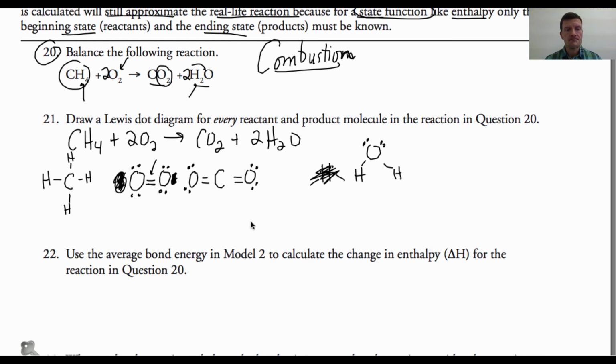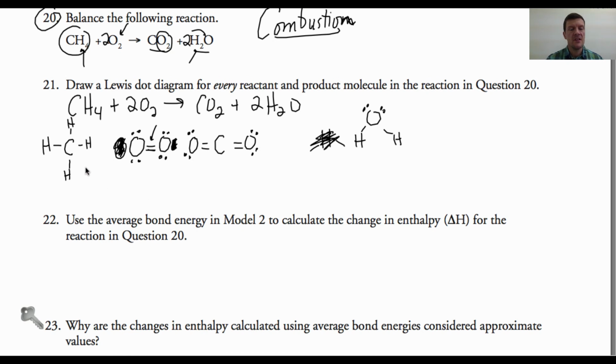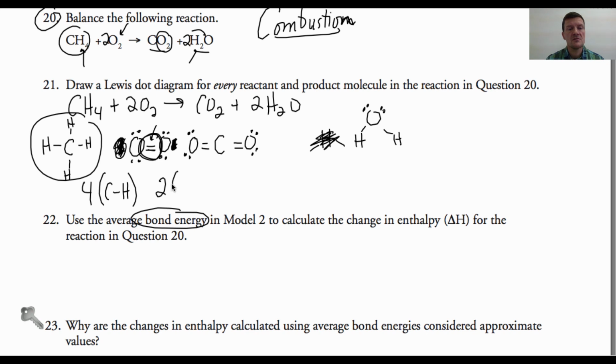Okay, so let's see what we have here. We're going to have to find the number of bonds in all this. We've got 4 carbon-hydrogen bonds. 1, 2, 3, 4. 4 carbon-hydrogen bonds. And then we've got 2 of these double bonds here.